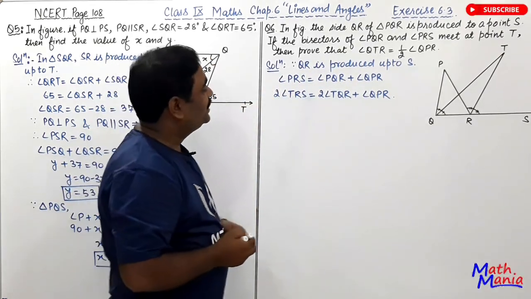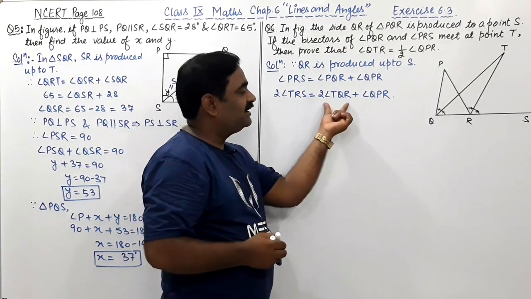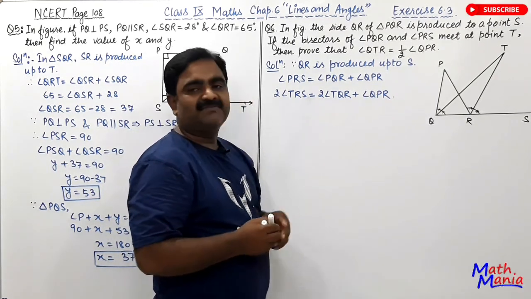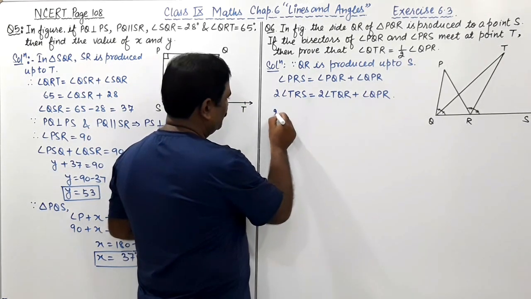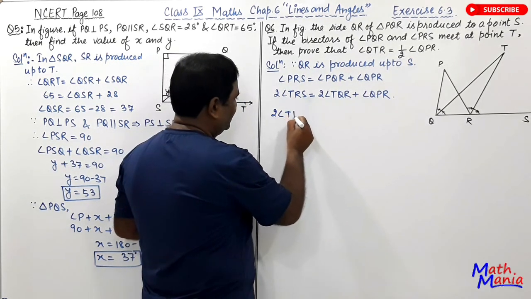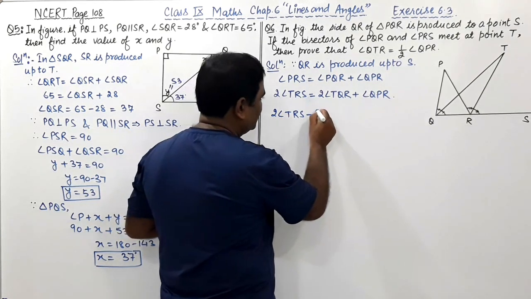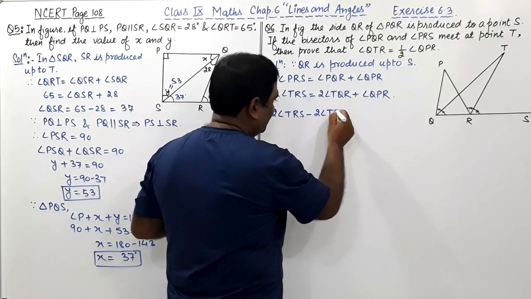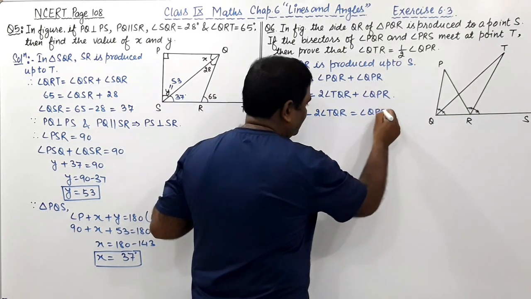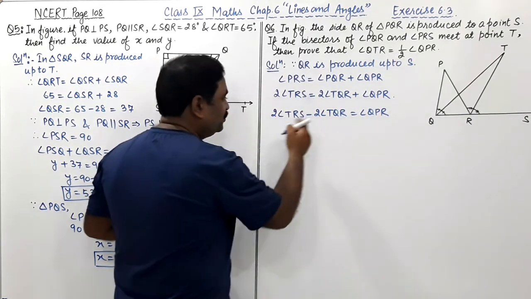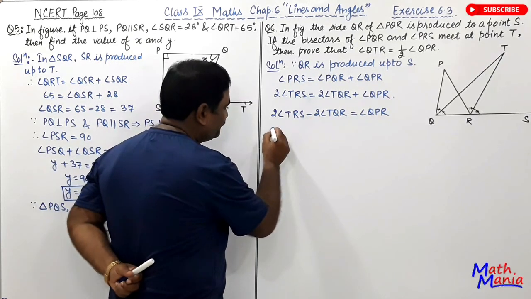Okay, so इसको ट्रांसपोज करते हैं, लेफ्ट साइड लाते हैं. So it can be written as twice the angle TRS minus twice the angle TQR equals angle QPR. 2 you can take common from this.